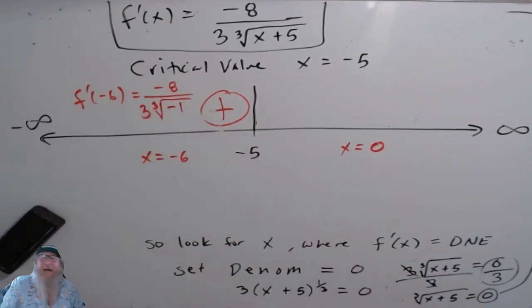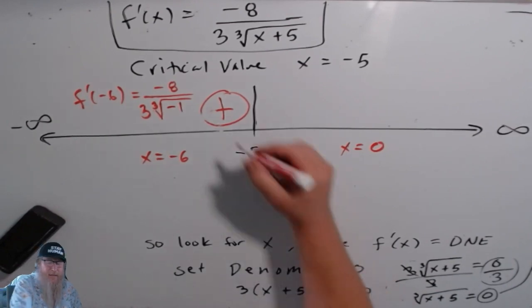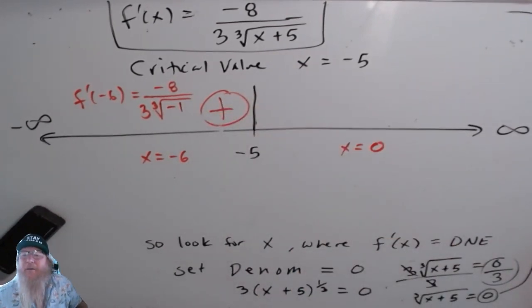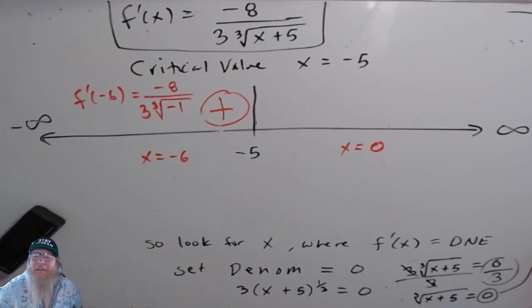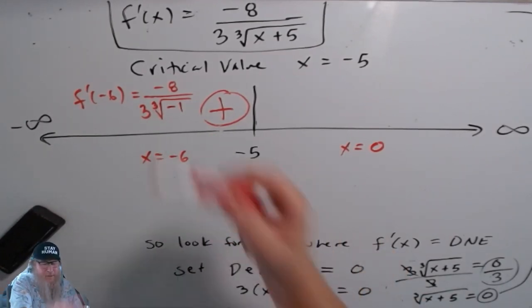It would be an imaginary number, and we're not discussing those in business calculus. They are used in science and engineering and physics, but not in social sciences and business calculus. Okay, so that's a positive number.